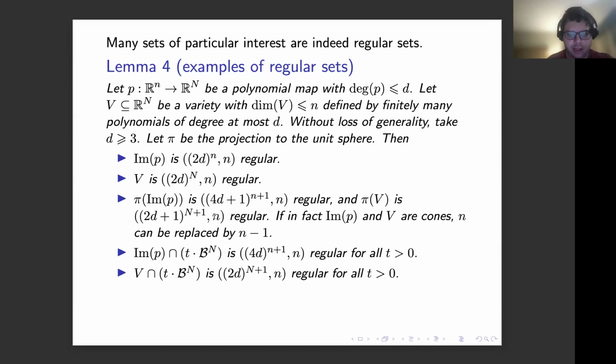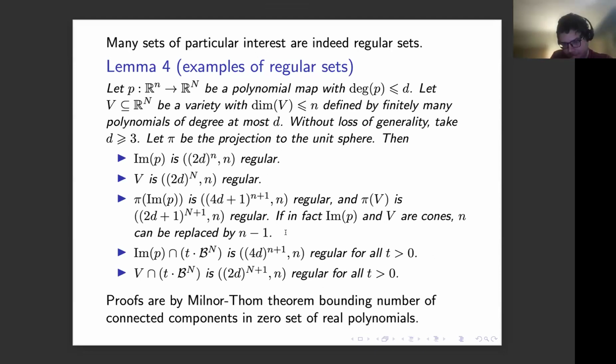That preserves regularity, and we can say what it does to the parameters. And if you intersect a regular set with a ball, that also preserves regularity, but you have to tweak the K parameter. We can tell you how to do that as well.